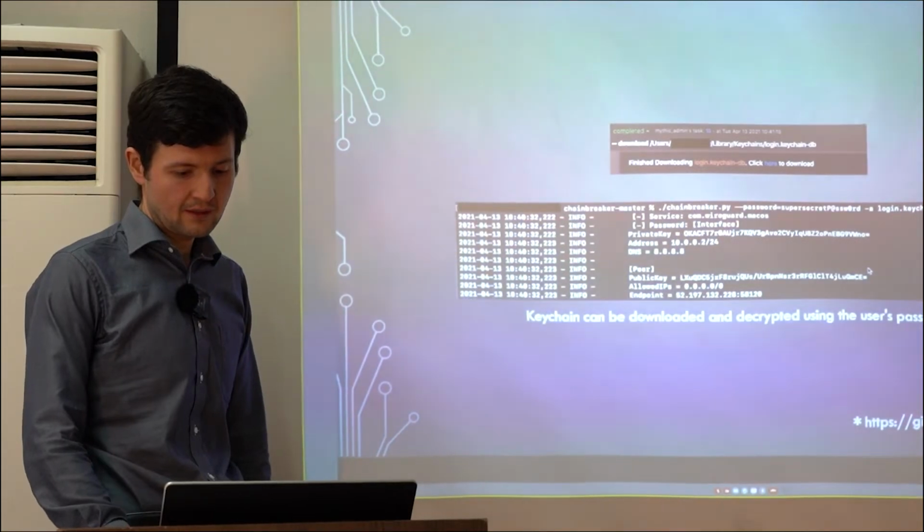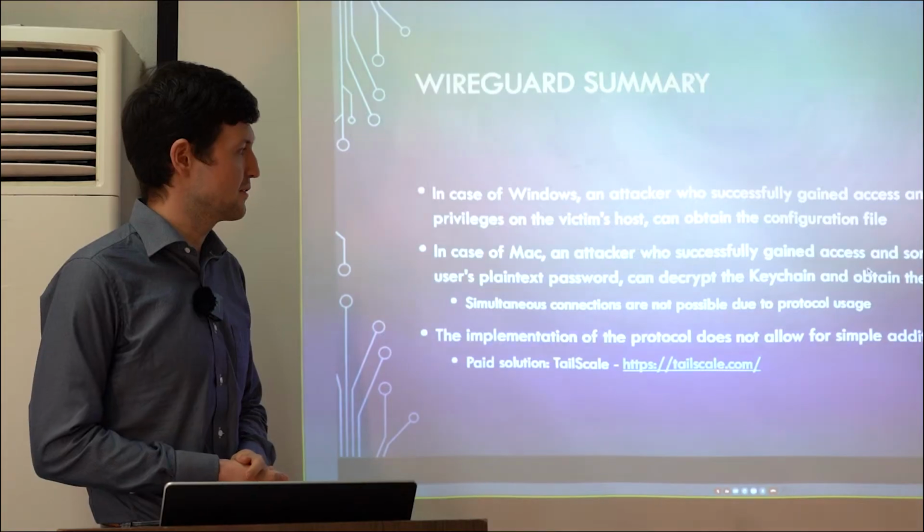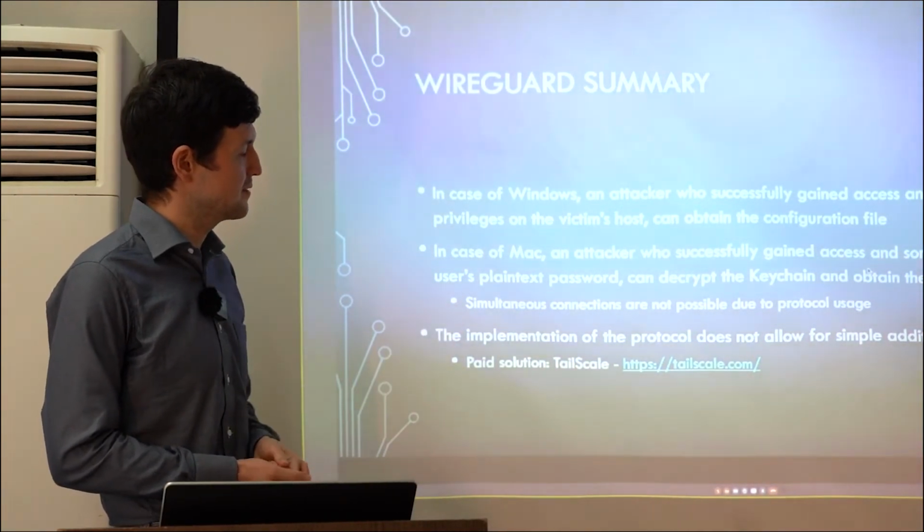As a summary, on the Windows side, you just need to elevate your privileges to SYSTEM to obtain this data. For the config file on the Mac, you just need to leak the user's password or obtain it by phishing or some other attack and decrypt the keychain.